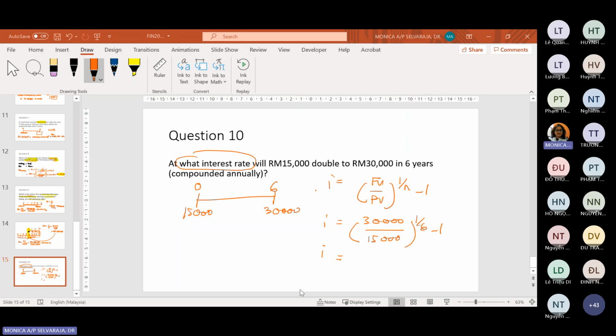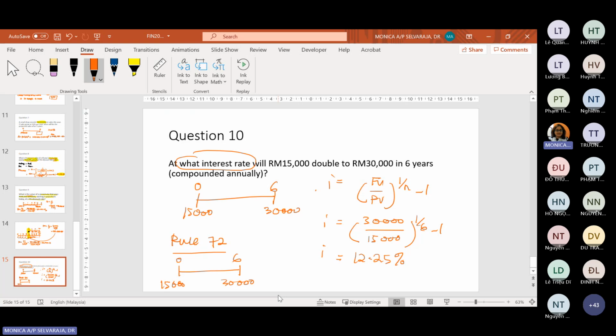Okay, good. So you got 12%, yeah? Answer is, okay, 12.25. If you use rule 72, it also can be done. So for anything doubling, that means you are doubling the value. 15,000, you double to 30,000.